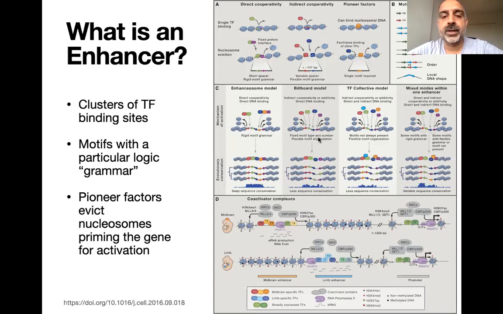But somehow they will promote gene expression in a different place. And of course, you have mixed modes where you can have some of the motifs within an enhancer showing cooperative binding, and others showing this non-cooperative indirect DNA binding as well.